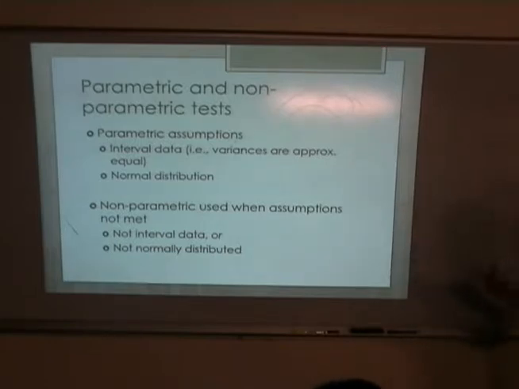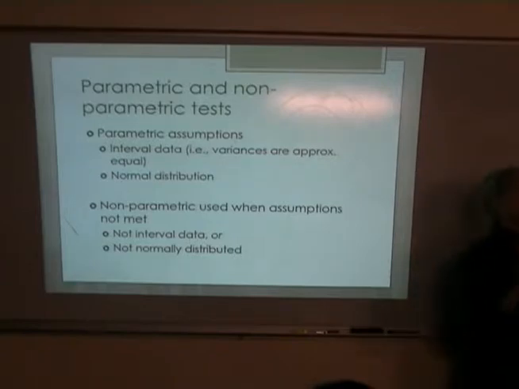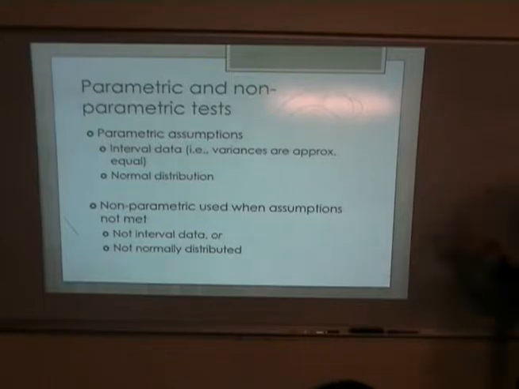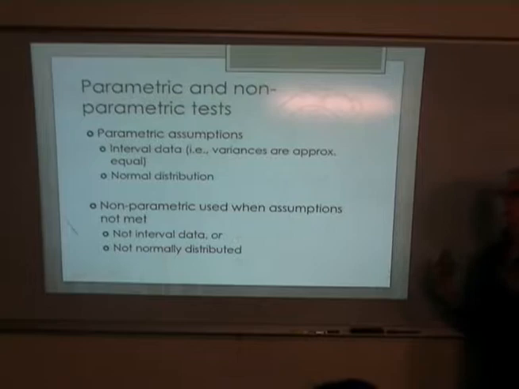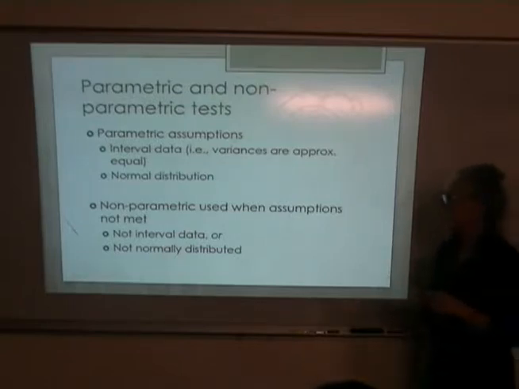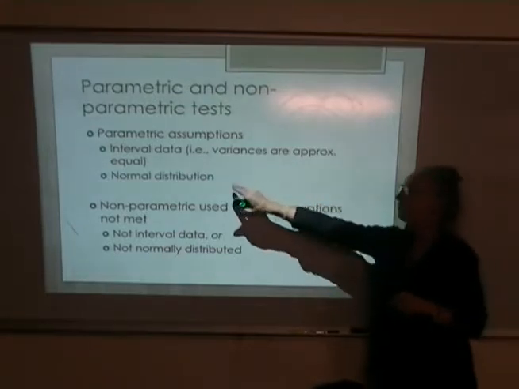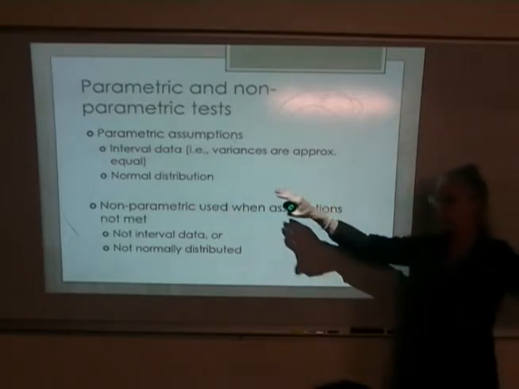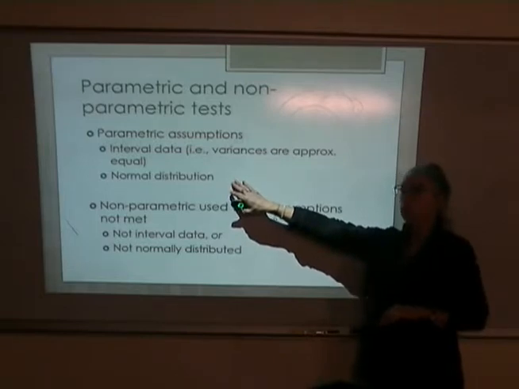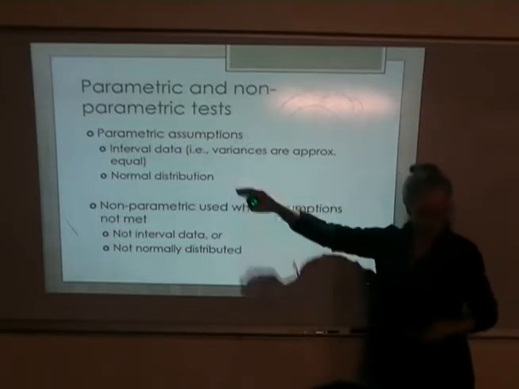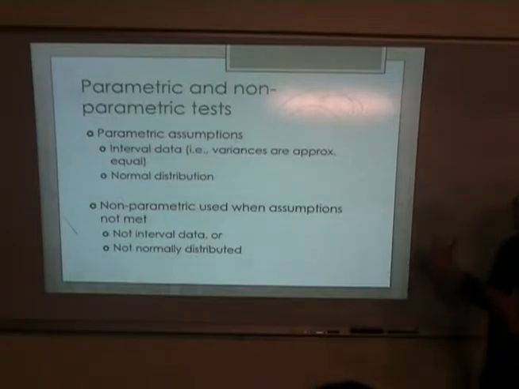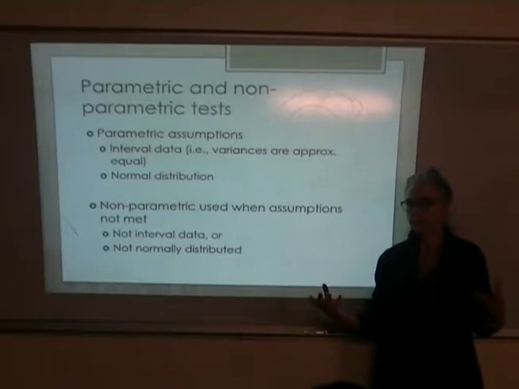So we can assume that the spread of our data is relatively equal, that the variance is equal across the spread of the data, and that we have this normal distribution, so our typical bell curve. If we make those assumptions, then we can use parametric statistical analyses.